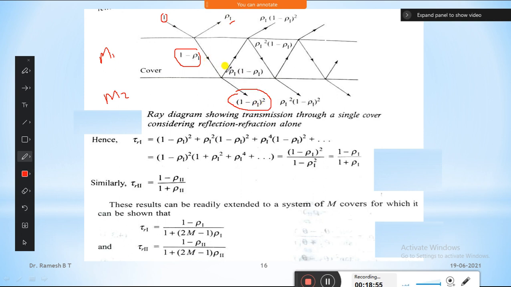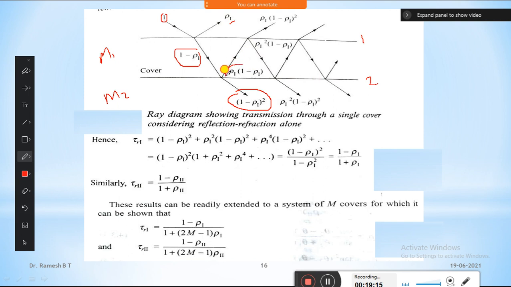But here some amount of the reflection will again enter into the interface 1. So this is interface 1 and this is interface 2. It will strike interface 1, and some amount will again reflect and some amount will refract.